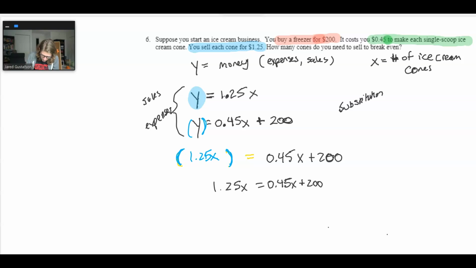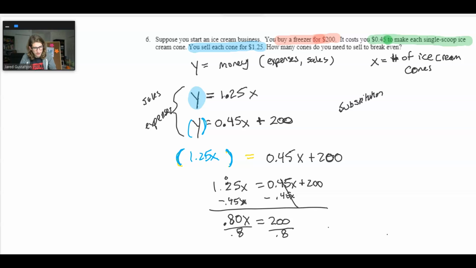We're going to subtract 0.45x from both sides. 1.25x minus 0.45x is 0.8x equals 200. We can divide by 0.8.